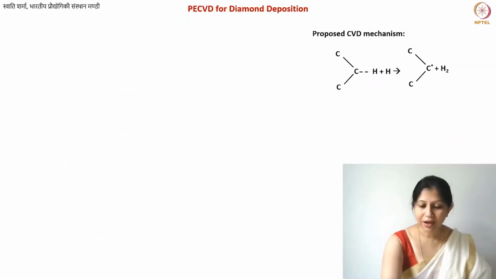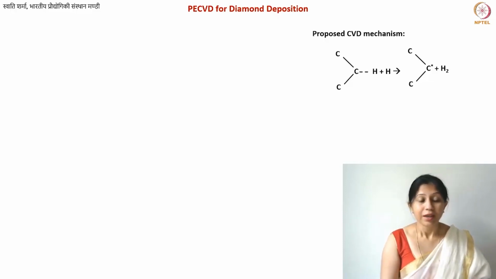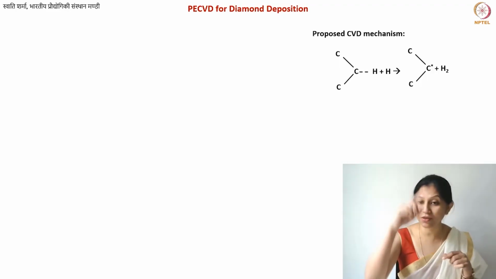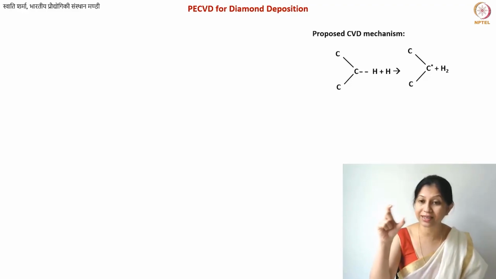So let's talk about the mechanism of CVD. Here I'm showing one proposed mechanism of the CVD of diamond. Here you see you have these 3 carbon atoms. These are sp3 type carbon atoms, but you have the 4th one on top, which is also attached to a hydrogen atom. So there is one hydrogen atom anchored to your 3 carbon atoms.